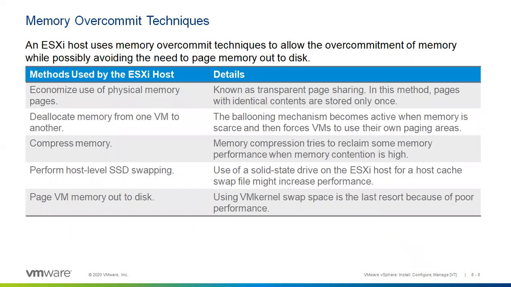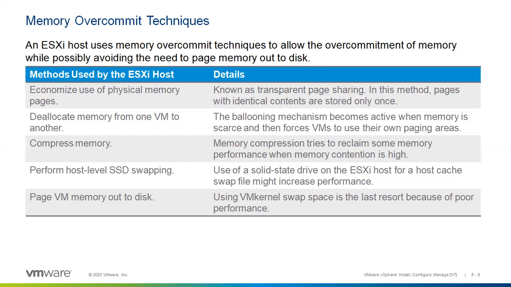So for memory overcommitment, it's not only swapping. There are a number of technologies used by your ESXi, which is pretty smart. Another method is to economize the use of physical memory pages, known as transparent page sharing. If multiple VMs are using the same memory pages, it will share from the same memory.